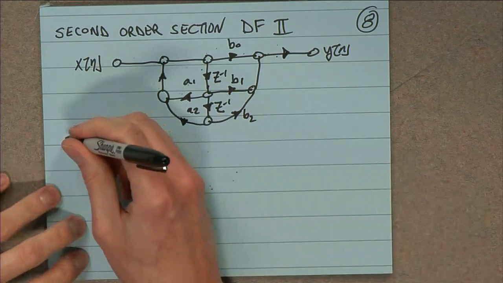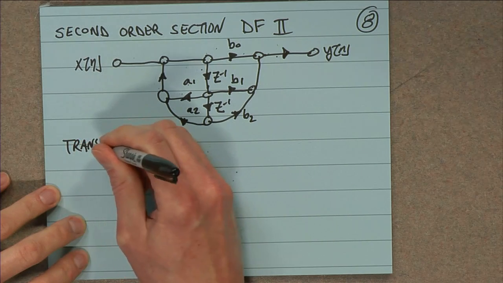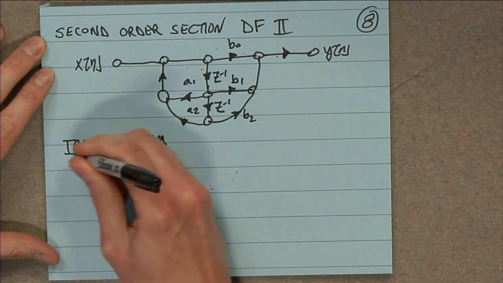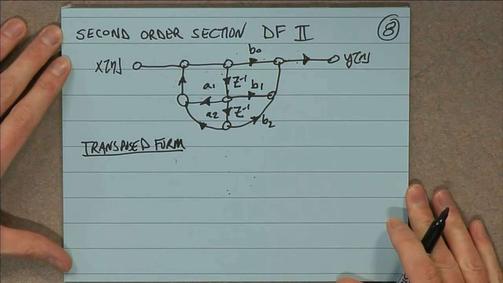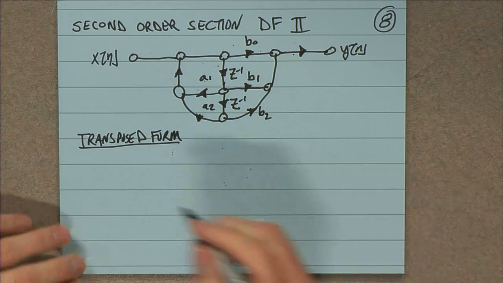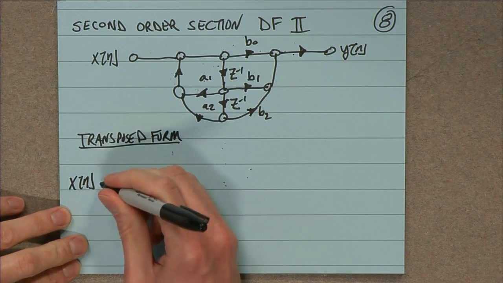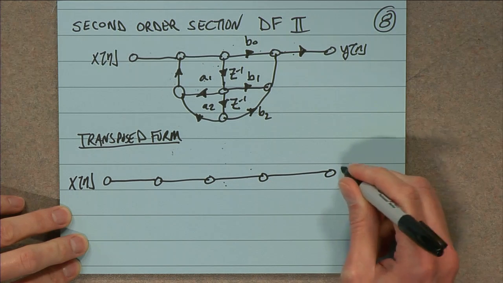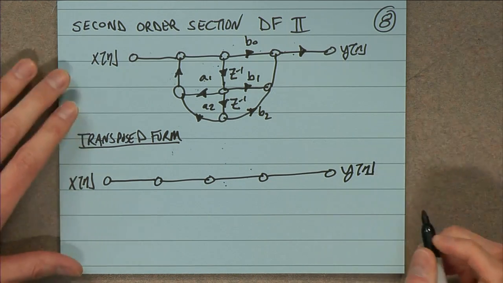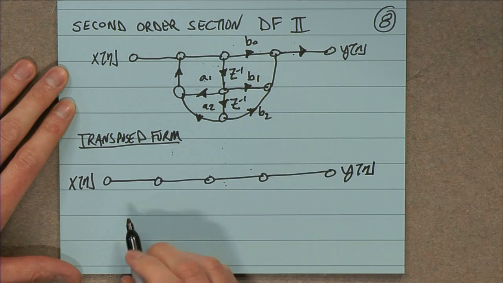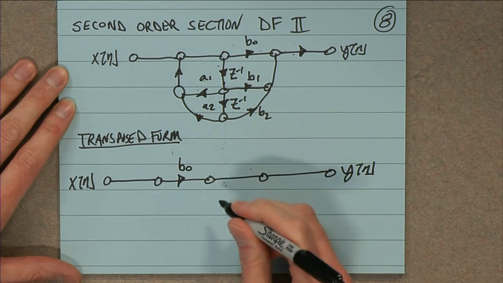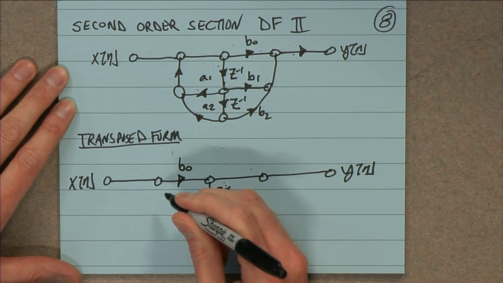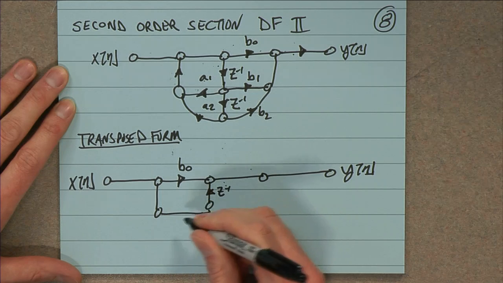Now, what does the transposed form look like? Instead of going through all 3 steps and working that, we're just going to jump to the end, just so you can see what it looks like, and we'll talk a little bit about it. Now we've got B0 in the delay network, and all the delays are connected.